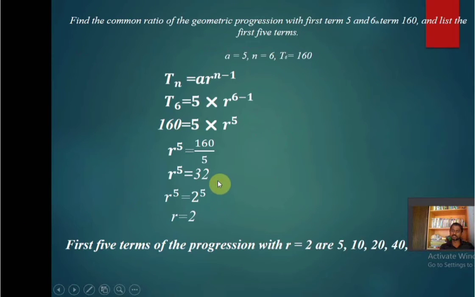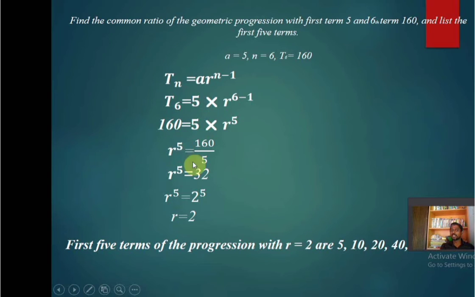It's one type of sum, right? Now they give that the first term is a equal to 5, and the sixth term is 160, n equal to 6. We want to find the common ratio. The same method: I will substitute every value.